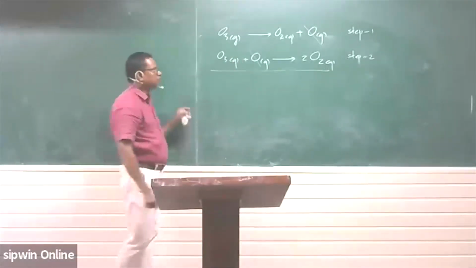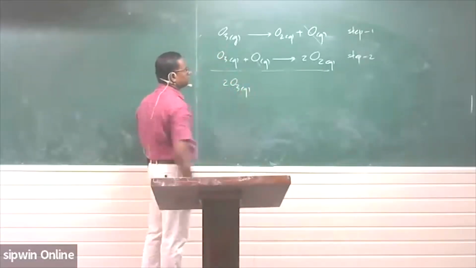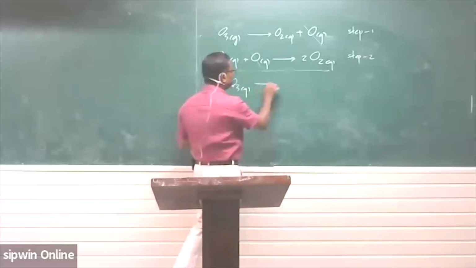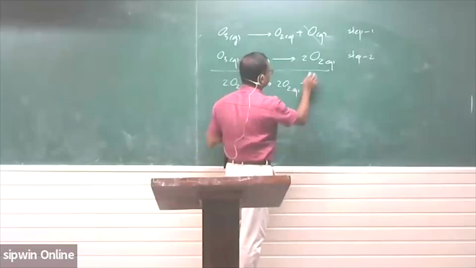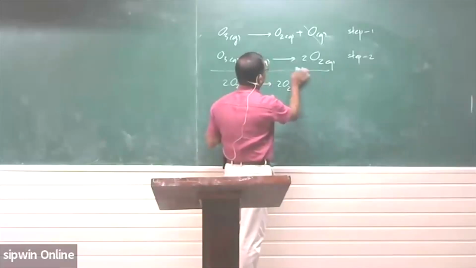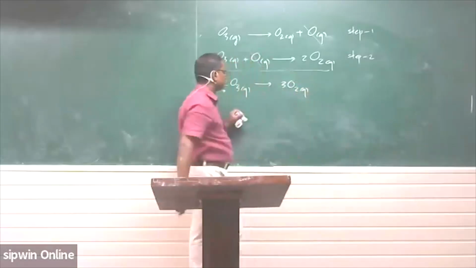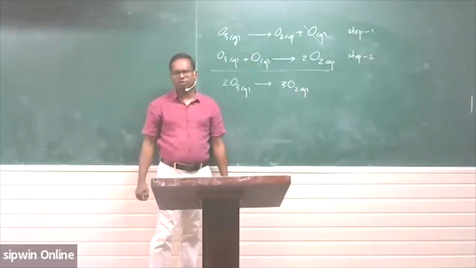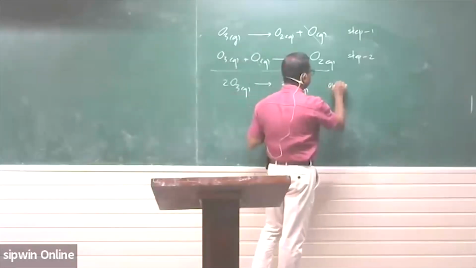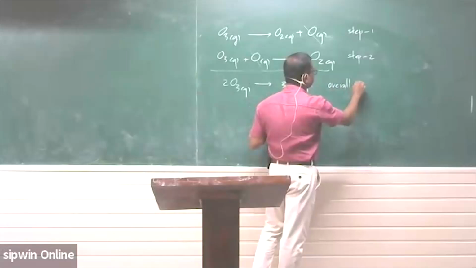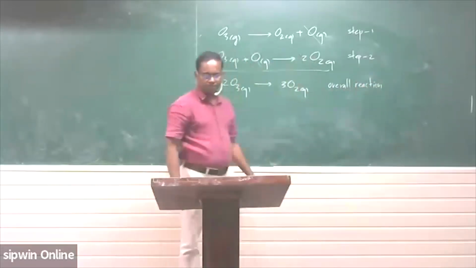With that you can have 2O3 gas into 3O2 gas. This is the overall reaction. එකත් ලියන්න. Overall reaction.